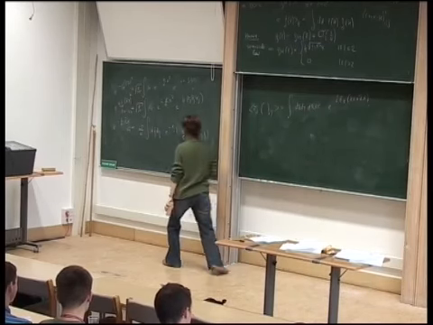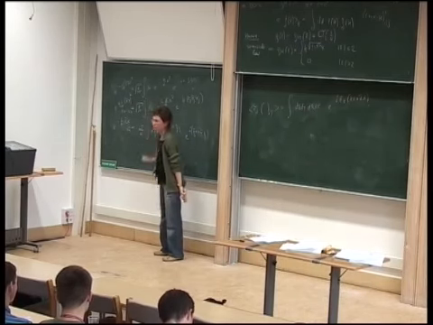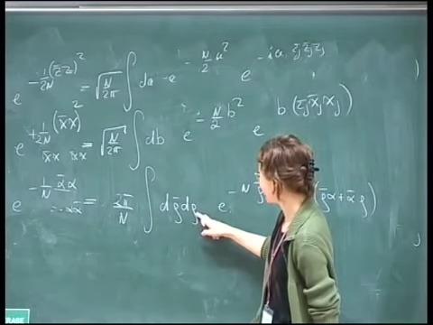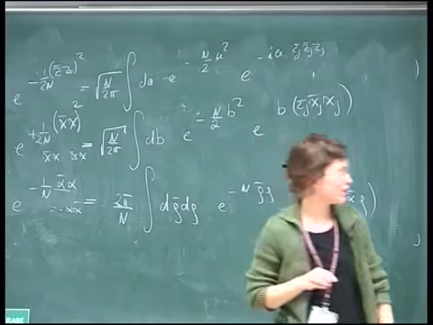So, now I insert these three expressions and I take out the integral over b, a, and rho bar rho.